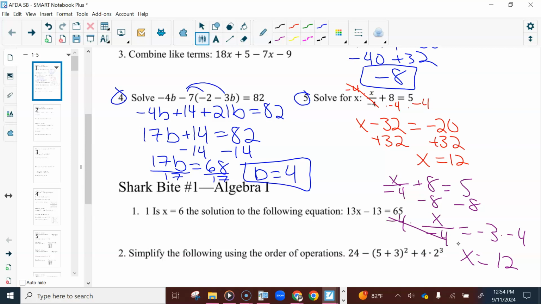So make sure that you are aware of upcoming dates for Delta Math, for quiz, for test. That's later in September, beginning of October, the quiz and test. But we do have Delta Math due on Friday. We're going to talk about that.